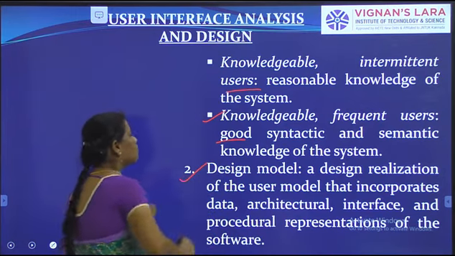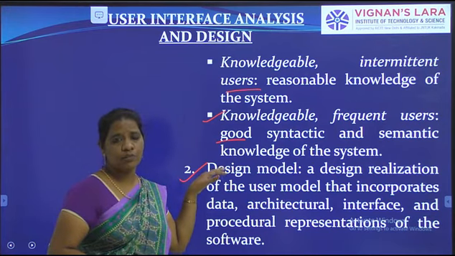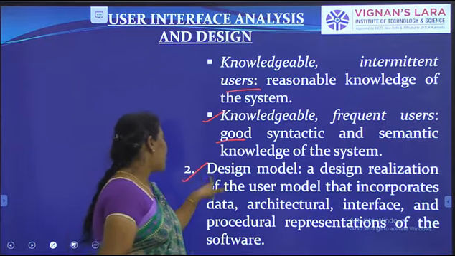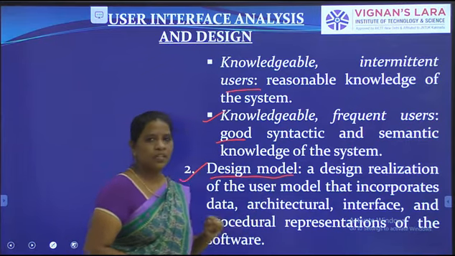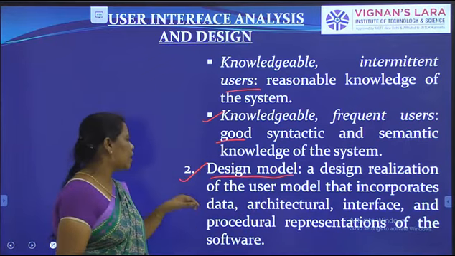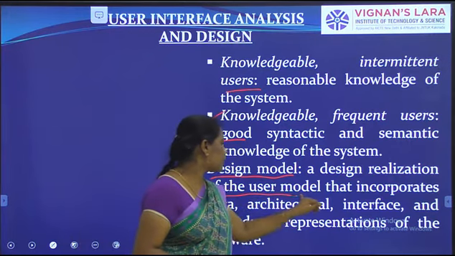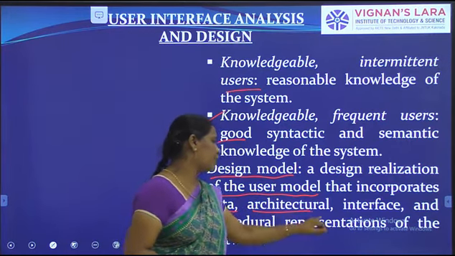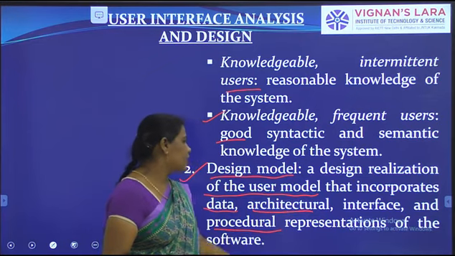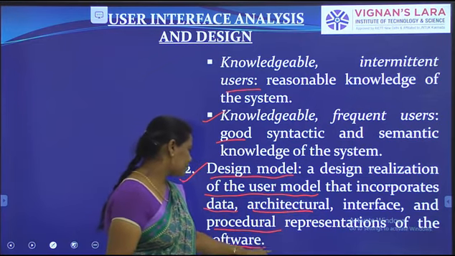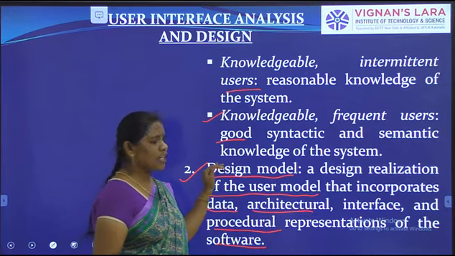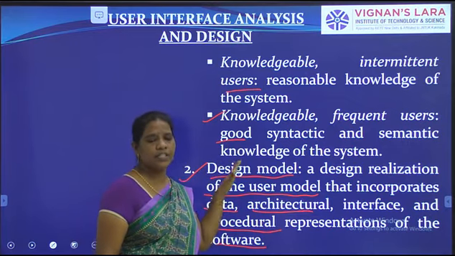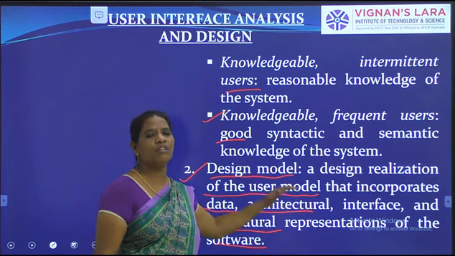Based upon these 3 categories of users, the user interface design will be dependent. Next, the second one is the design model. A design realization of the user model that incorporates data, architectural, interface and procedural representation of the software. In the design model, the user model will be incorporated.